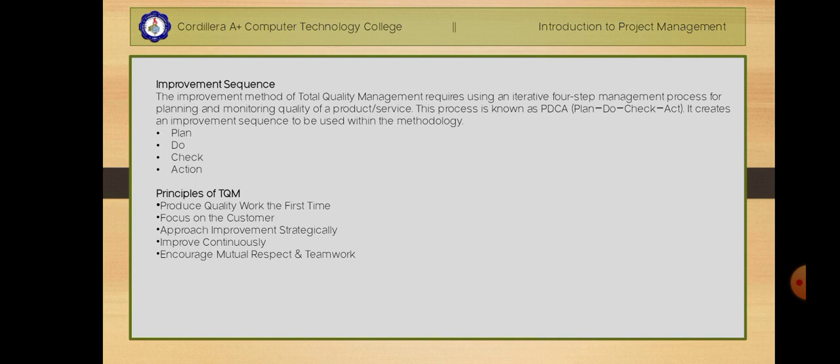Of course, in planning, first you must determine the problem. So, di ba, if you are going to put up a business, you have to determine first the problem. Then, of course, identify possible reasons for that problem. So, dapat alam mo din kung bakit yun yung problema, ano kaya yung rason kung bakit yun yung problema.